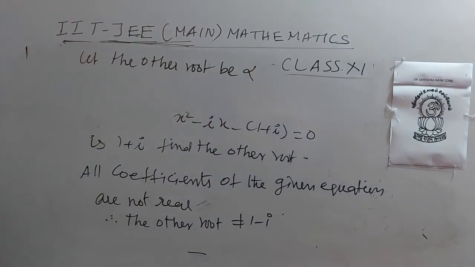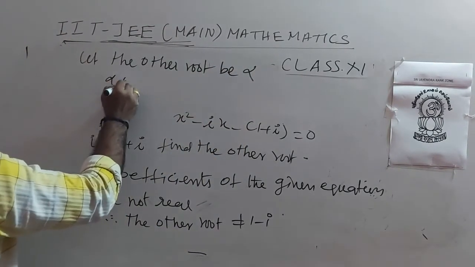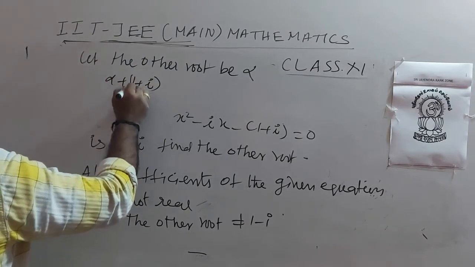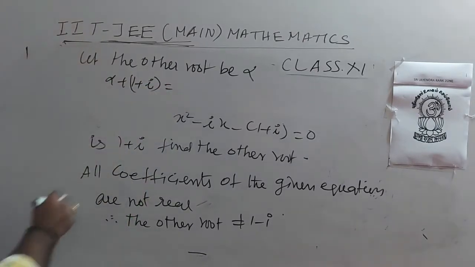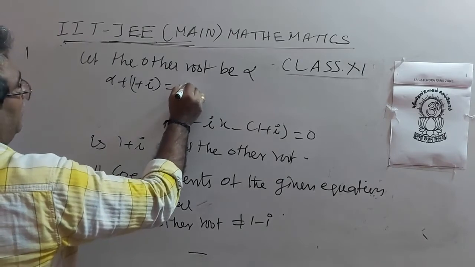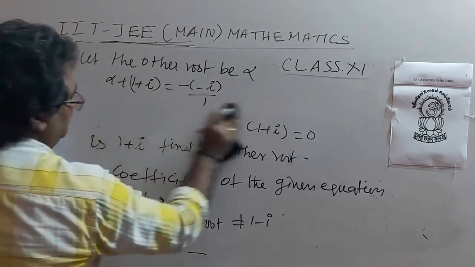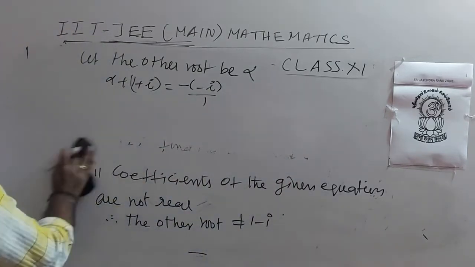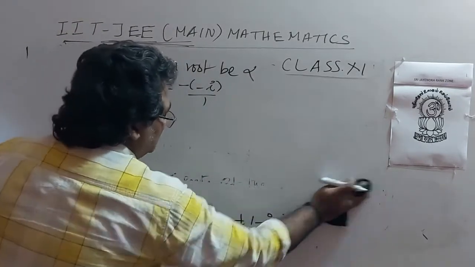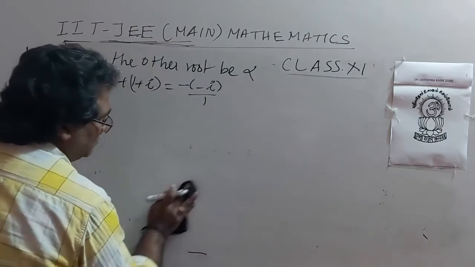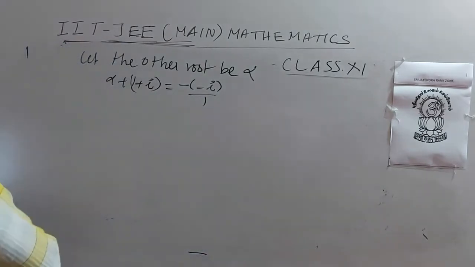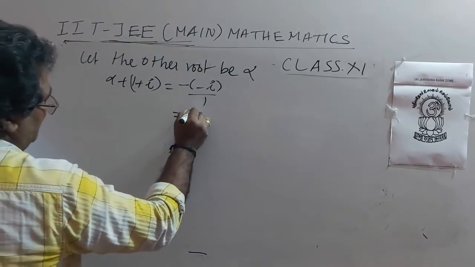Let the other root be alpha. Alpha plus (1 plus i), that is the sum of the roots, equals minus b by a, minus of minus i by 1, equal to i.